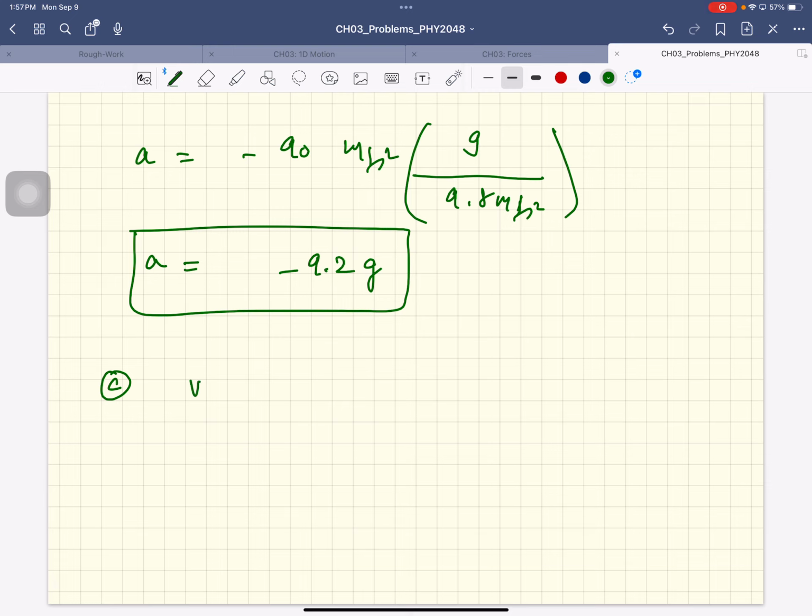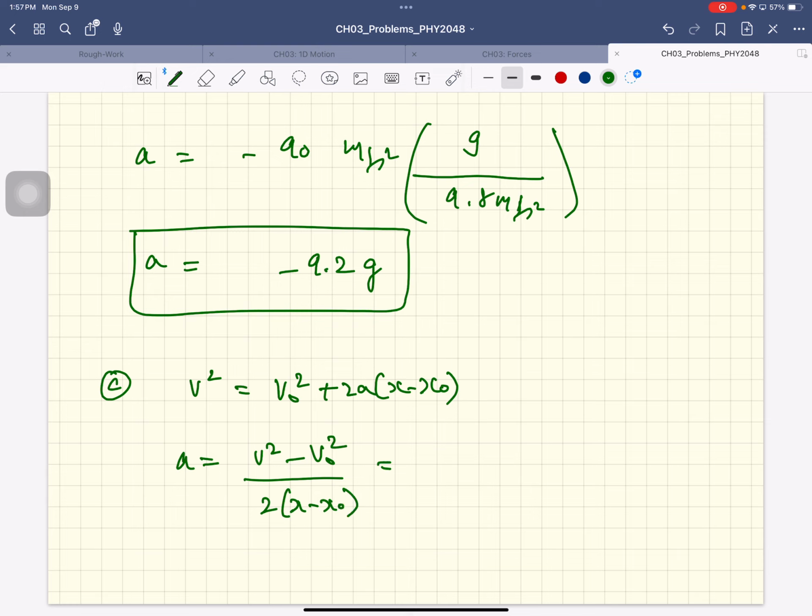So now we'll calculate for the brain. And again, I've not written down all units and stuff like that.